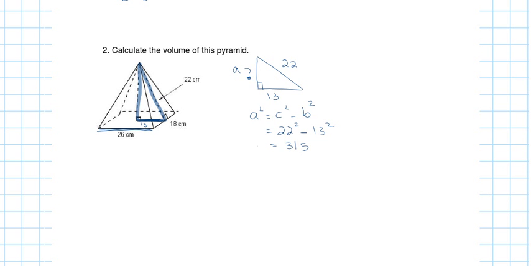And then to find a square root, 17 point. Make sure that the height is going to be less than the slanted height. All right, now I have the height and I have the length and the width. It's a matter of just plugging it into the calculator.